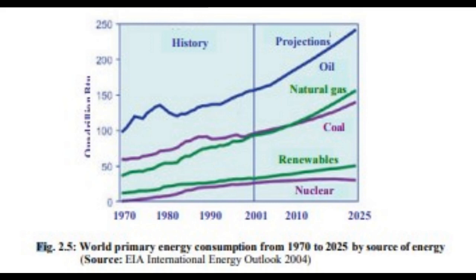Let us see how much of energy is derived from various sources of energy. World energy consumption by source of energy. Fig. 2.5 shows the history and projections of world energy consumption by energy source. It suggests an increased consumption of all primary energy sources over the forecast period.